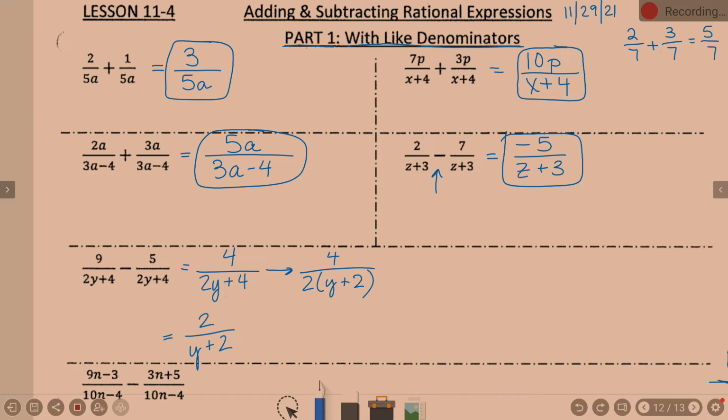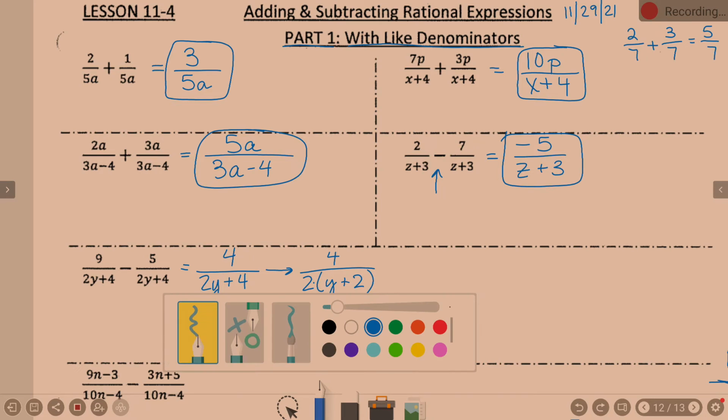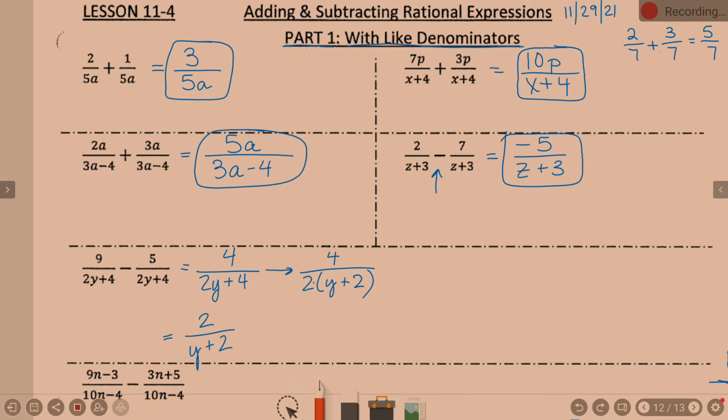And the idea now is that this is 2 times y plus 2, so you could cancel this factor of 2 with a factor of 2 on top. 2 divided by 2 is 1, and 4 divided by 2 is 2.